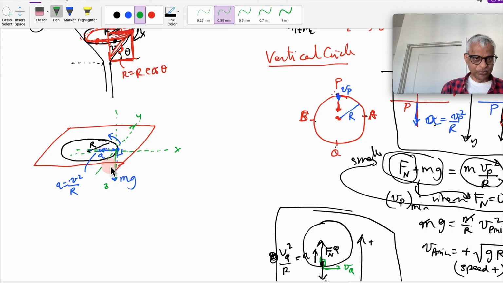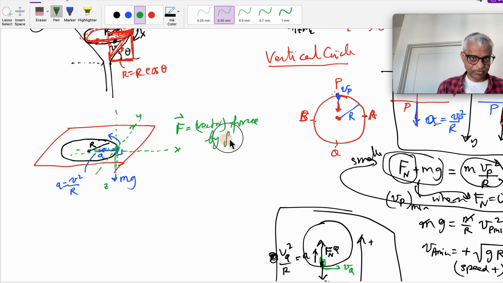Then whatever the track, whatever the funnel, let f be the force vector by the funnel surface on the block.